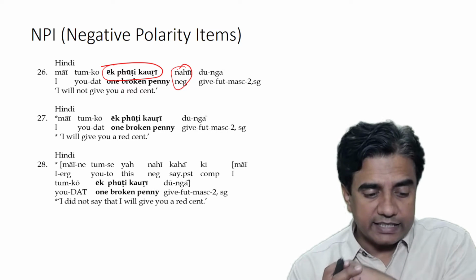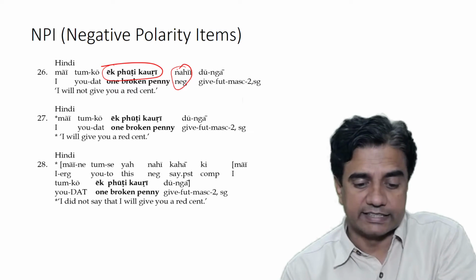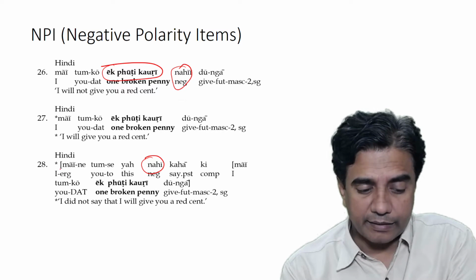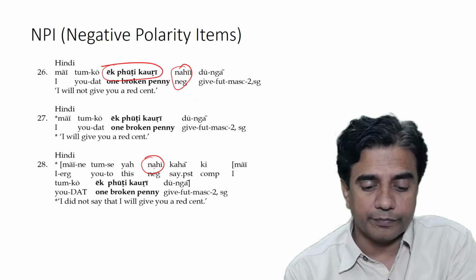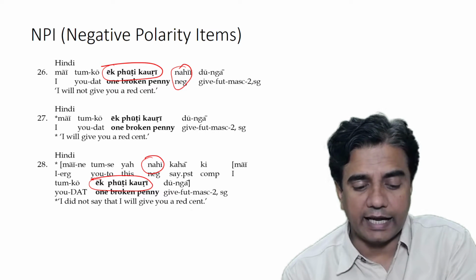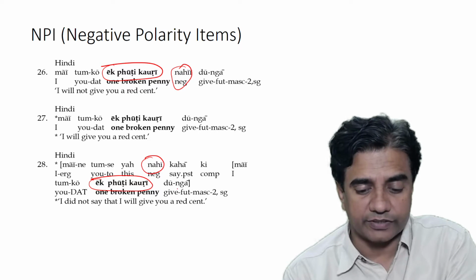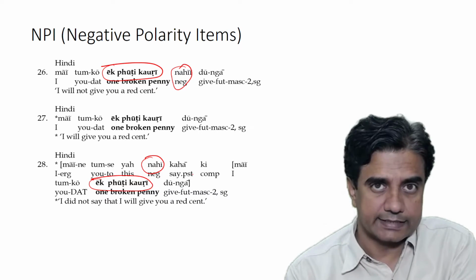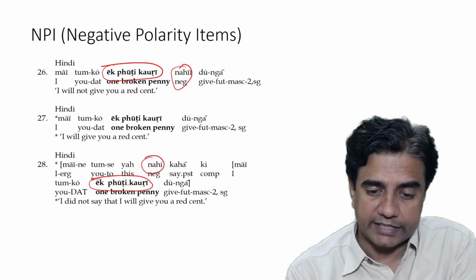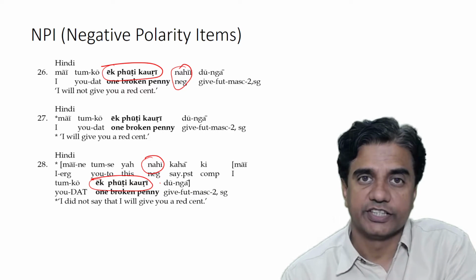What we see in this sentence, which is ungrammatical to begin with, is that the negative element nahi is part of a different clause, whereas ek futi kori as a negative polarity item is part of another clause, which is not warranted. That is, the negative polarity item and the negation must be clause-mates.